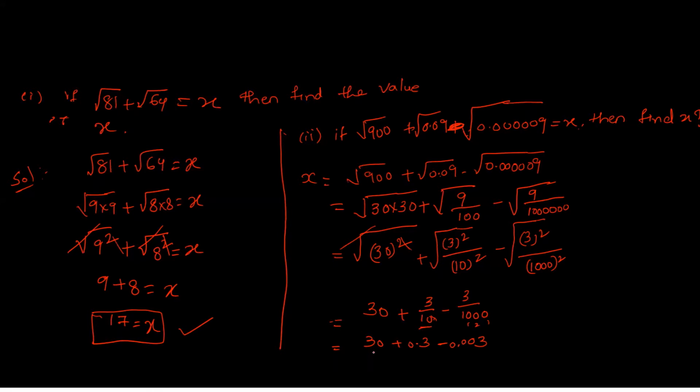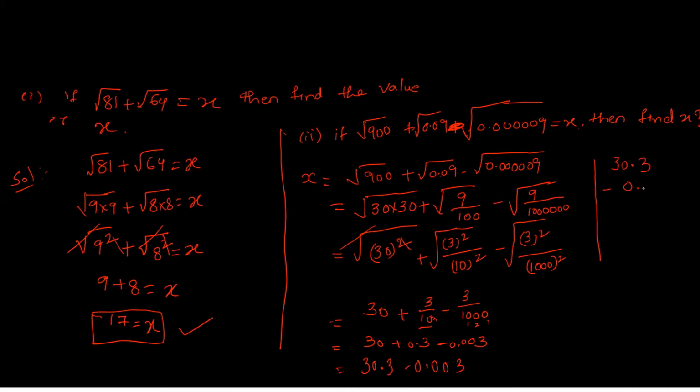Now 30 plus 0.3 will become 30.3, minus 0.003. Now do the subtraction. 30.3 minus 0.003.